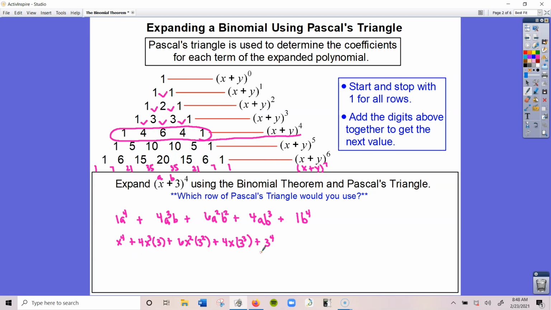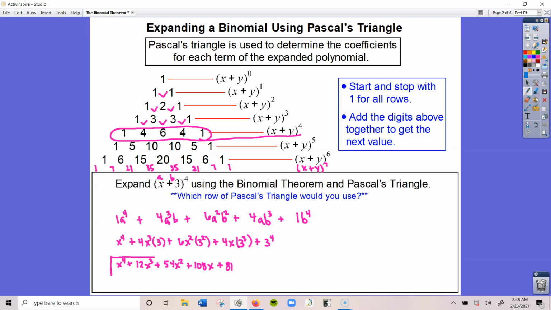And now we just simplify and work this out. So this is x to the 4th plus 4 times 3, which is 12x to the 3rd, plus 3 squared is 9, 9 times 6 is 54, x squared, plus 3 to the 3rd is 27, and 27 times 4 is 108, x, plus 3 to the 4th is 81.